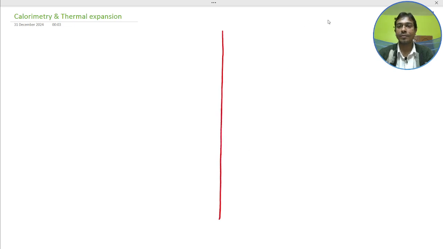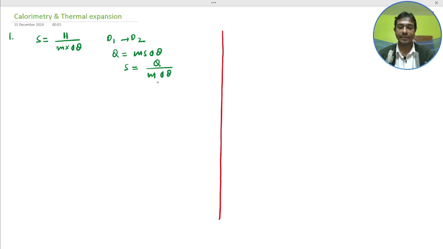Here the specific heat capacity, or specific heat, is written S = H/(m Δθ), with the unit calorie per gram Kelvin. The heat required to raise the temperature from θ1 to θ2 is Q = msΔθ, or S = Q/(mΔθ).